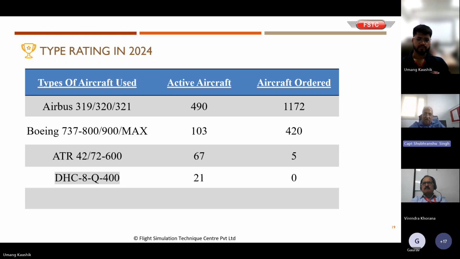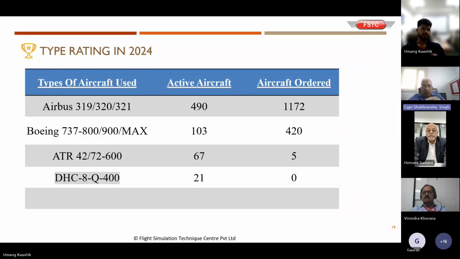It depends on whether you are in the right time slot when you come up for transfer to the bigger aircraft. A little bit of luck also plays a part. So don't believe anyone saying that after flying 5 years on ATR, I will move to 320. It depends whether there's a vacancy in 320 or not. Actually, we are doing crystal ball gazing.